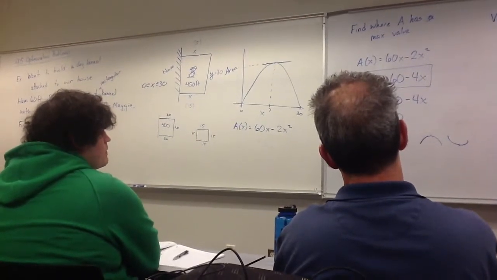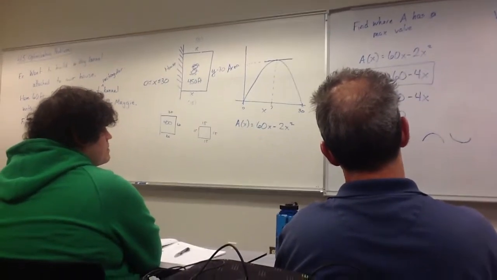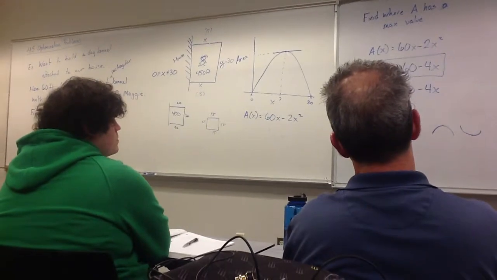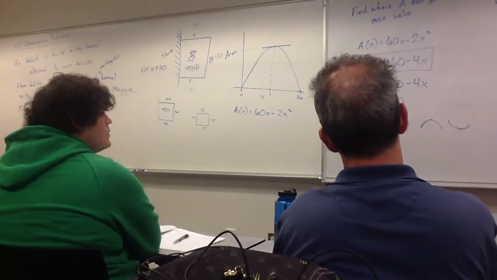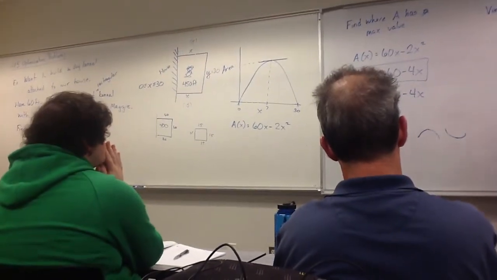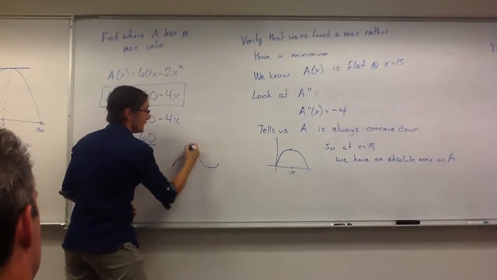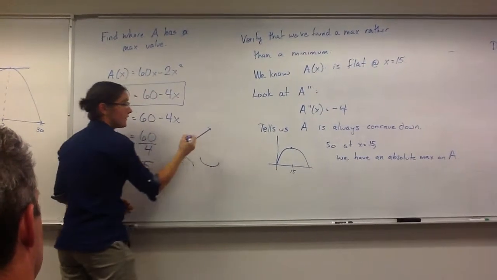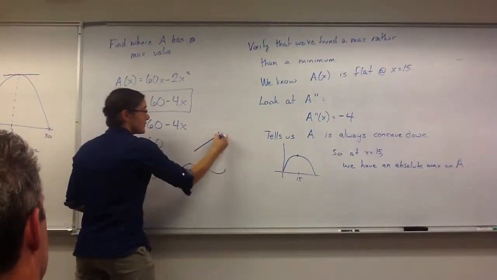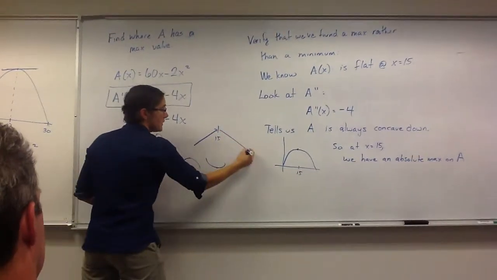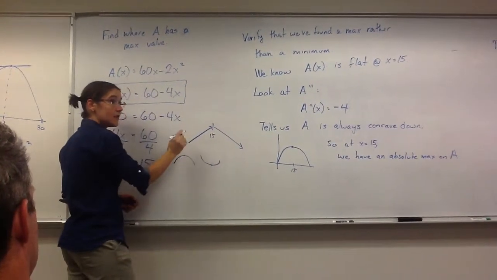Yes, so there's a small subtle difference between these. What we actually found here is that doing that can work as long as you can say the function is always increasing up to 15 and then always decreasing afterwards. So that would work.